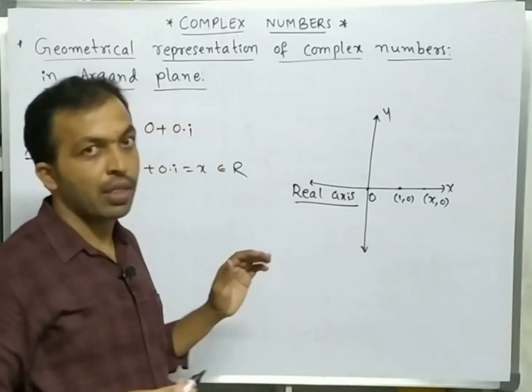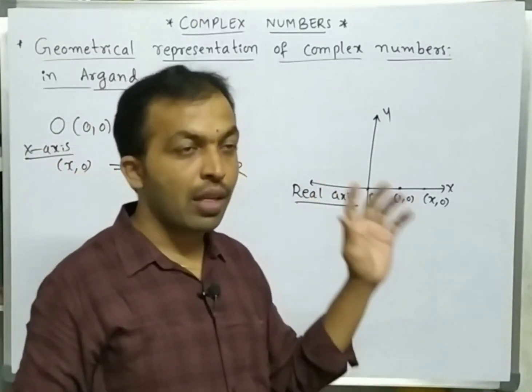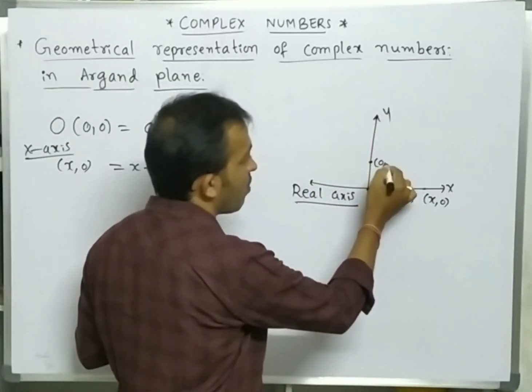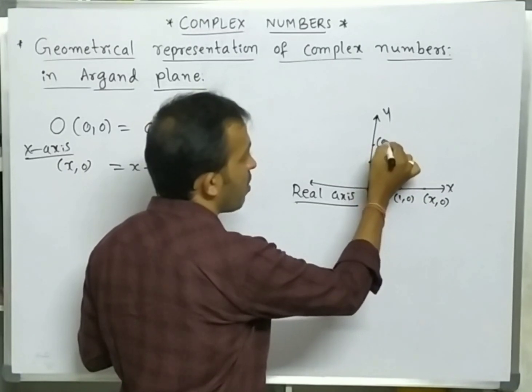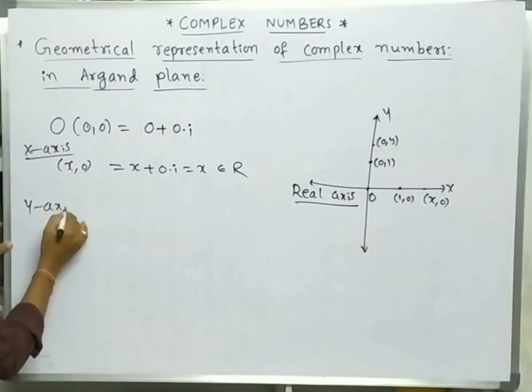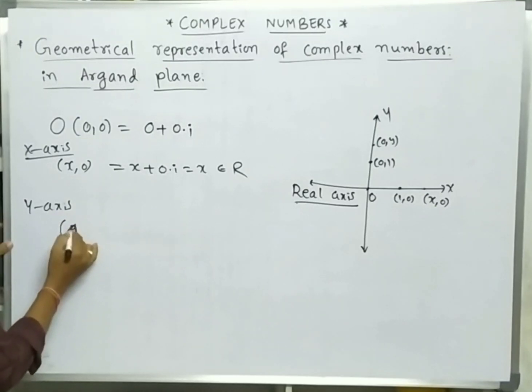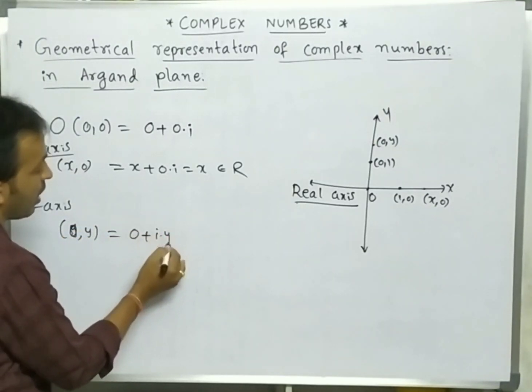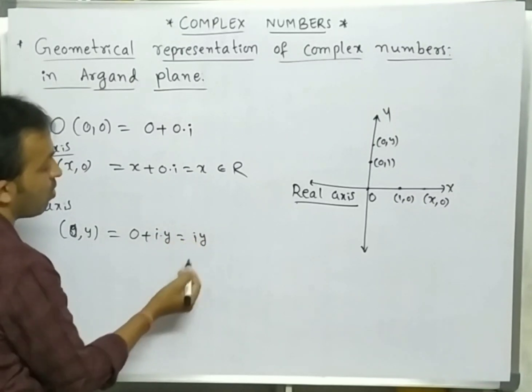The points on the y-axis are of the form 0 comma 1, that is 0 comma y, which can be represented as 0 plus i into y, which is equal to iy.